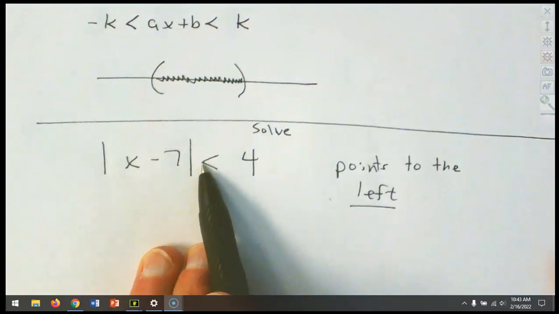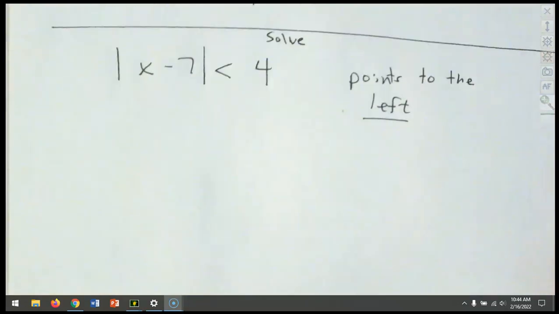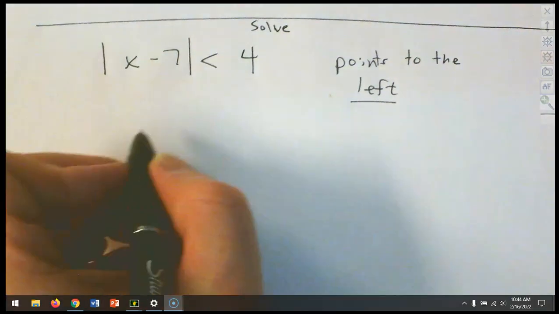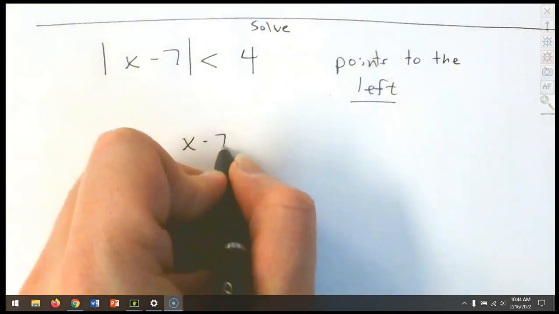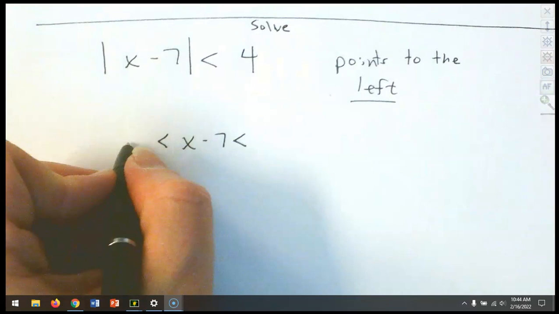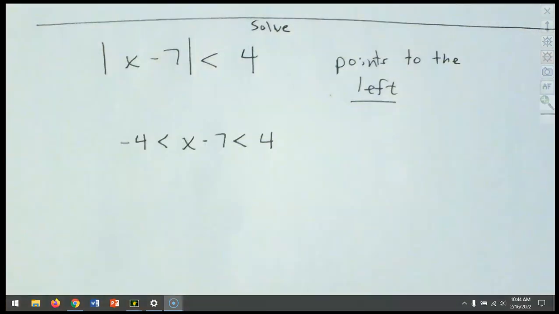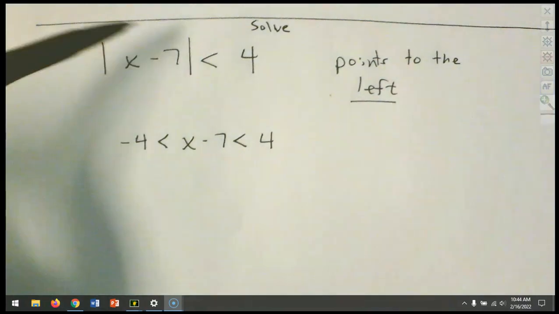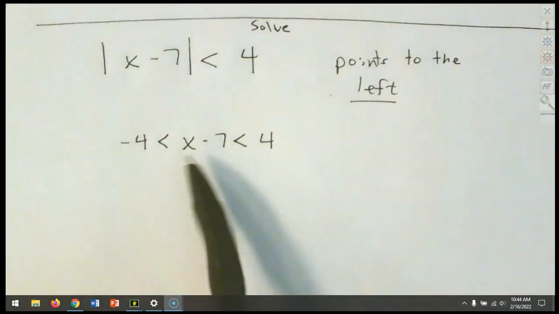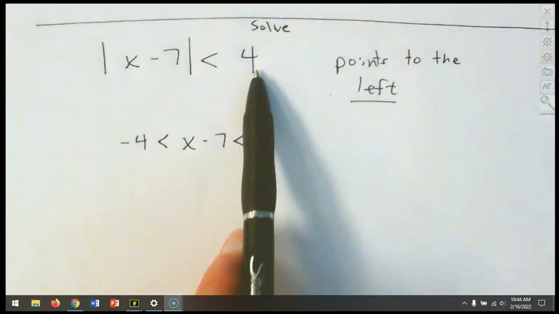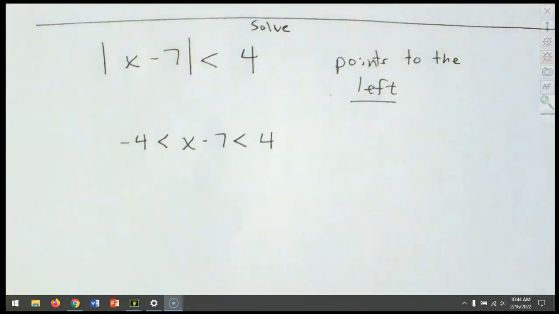It points to the left. If it points to the left, then you have to solve a three-part inequality. And that just means your absolute value expression here is going to be sandwiched between negative 4 and positive 4.